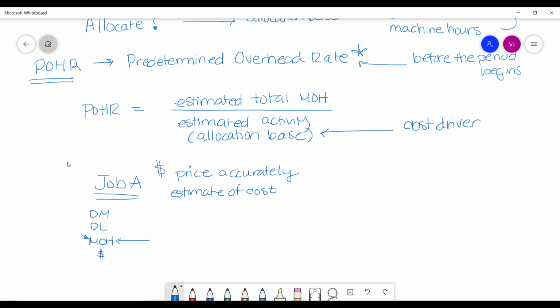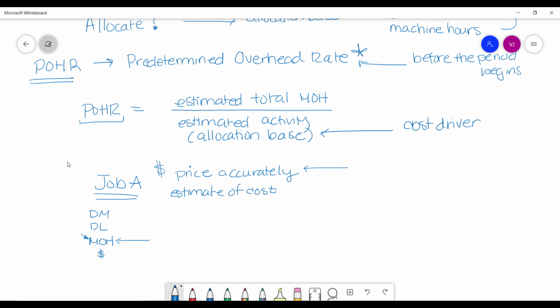Just know that we use estimates when we calculate the POHR, and then we use that POHR to apply overhead to a job. That helps us figure out what prices to attach to these jobs. The whole point is to have an estimate of cost now rather than waiting for the exact total cost later on.